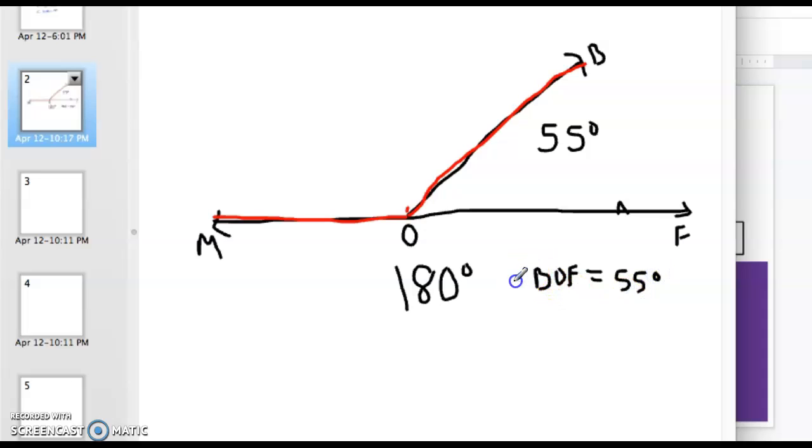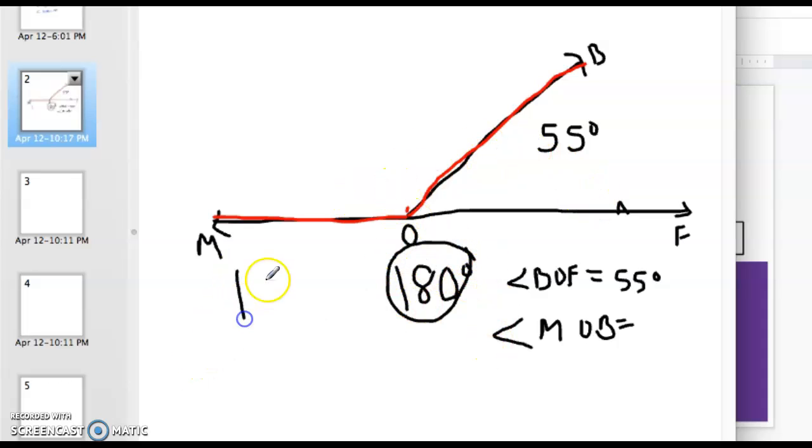Now I want to find the missing measurement for angle MOB, which spells the word mob, but okay, MOB. Remember that my straight line is 180. So if I combine these two angles, they should add up to 180 degrees.